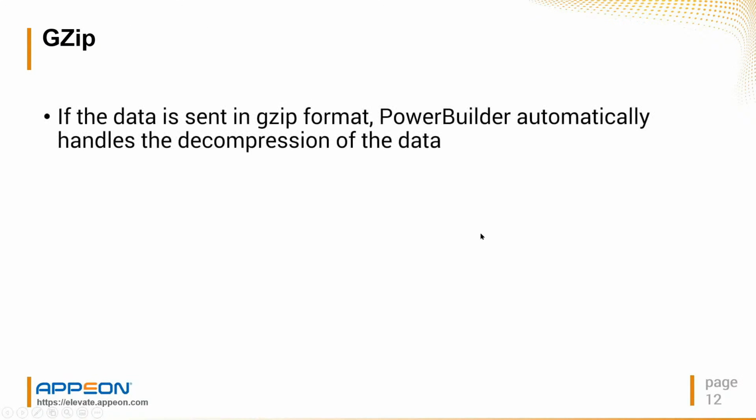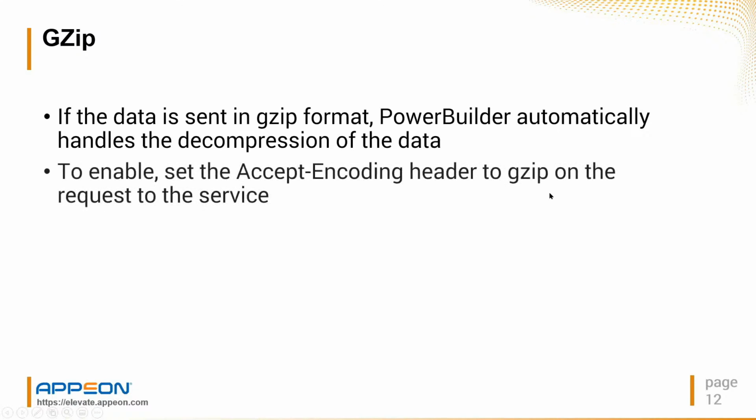So for Gzip, what happens? This is pretty much automatic. What PowerBuilder does is look at the data as it's coming in and determine if it's in Gzip format. And if it is, it will automatically do the decompression for you. So there's nothing you really need to do to handle the Gzip compression. It comes along automatically.